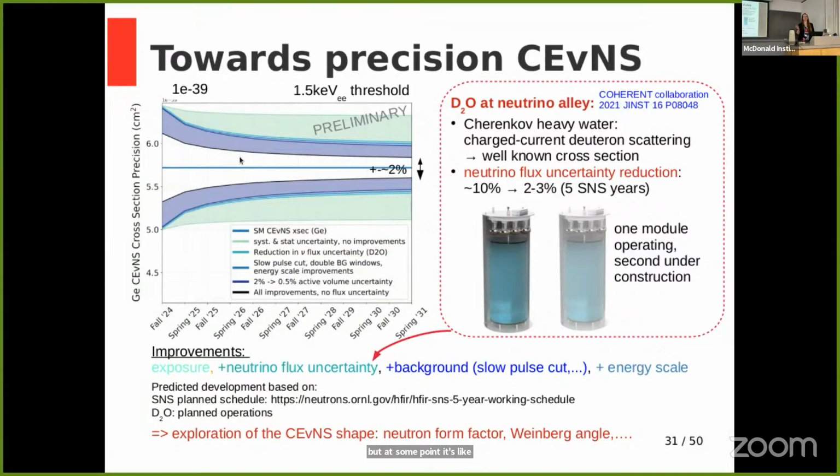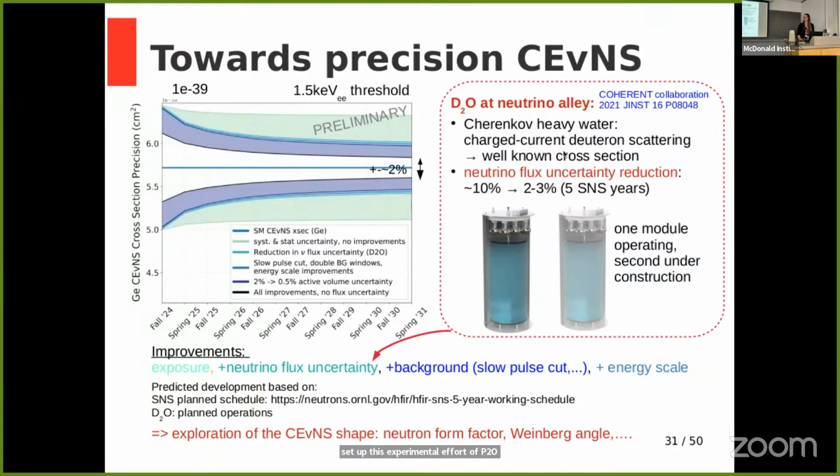The next dominating systematic is 10% from the beam. This applies to all COHERENT detectors because it was the same neutrino beam, and that is why COHERENT set up this experimental effort called D2O.